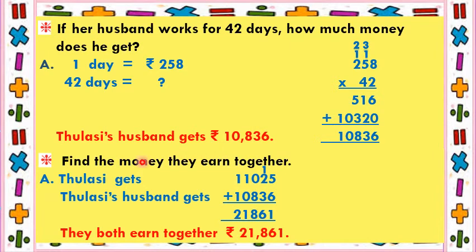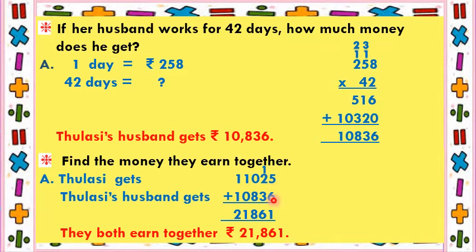Next question is, find the money they both, Tulasi and her husband, earn together. We have found out that Tulasi gets rupees 11,025, whereas Tulasi's husband gets rupees 10,836. Now add these both numbers.